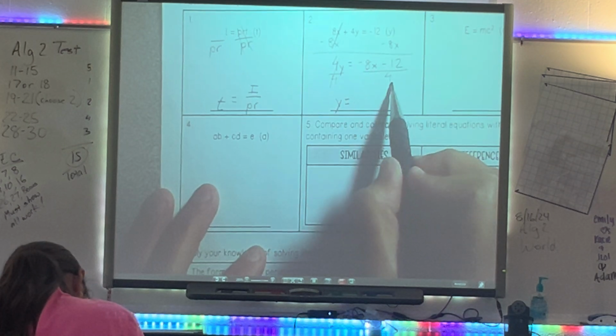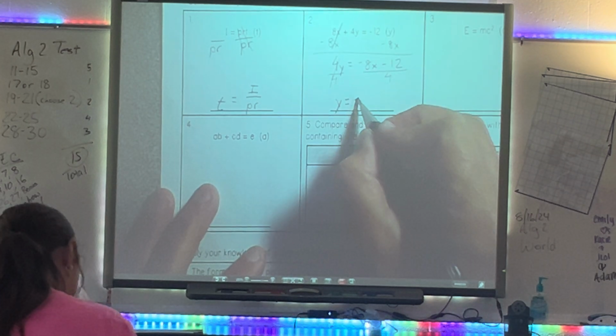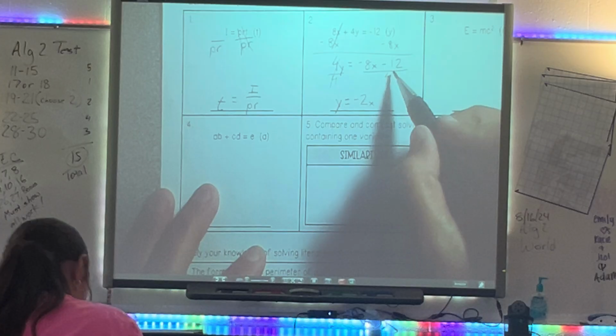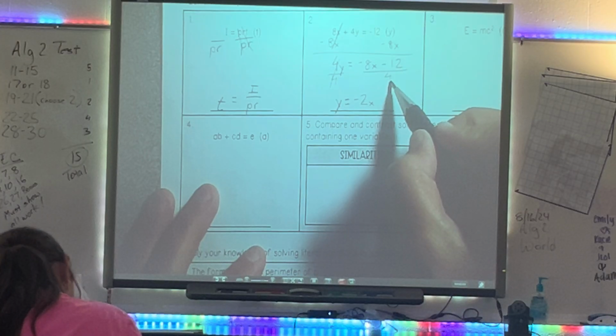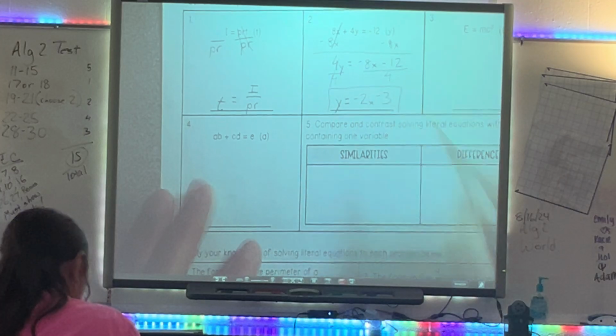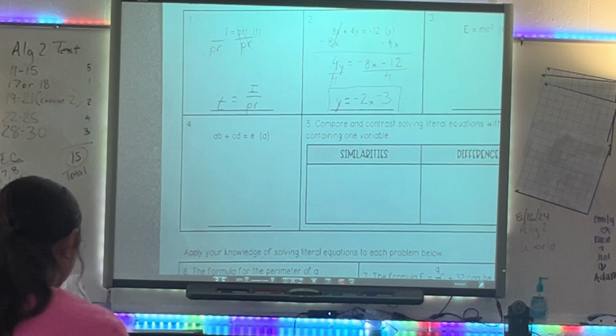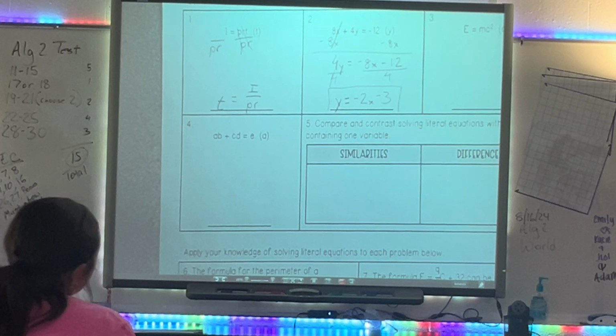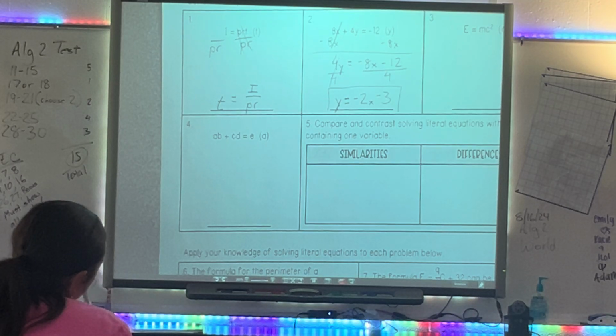Negative 8 divided by 4 is gonna give me negative 2x, and then negative 12 divided by 4 is gonna give me negative 3. If I couldn't divide them both by 4, say one of them I could divide by 4 and the other one I could only divide by 2, then I would only be able to simplify by 2 there. Does that make sense? Without separating that into two separate fractions. Everybody understand what I'm saying there?